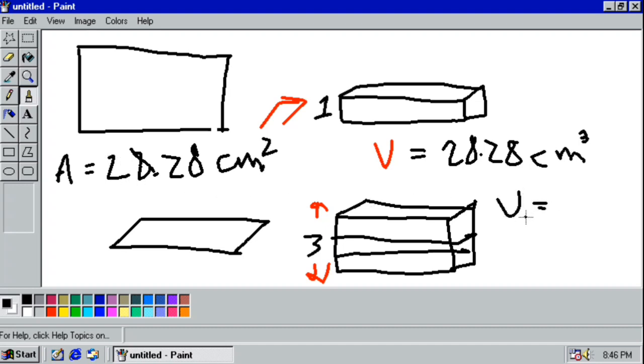So what do you think the answer is? 28.28 times 3 is 84.84. Don't forget the cubic sign, or the power of 3, or cubed, because when we're talking about volume, you add the 3 as an exponent.